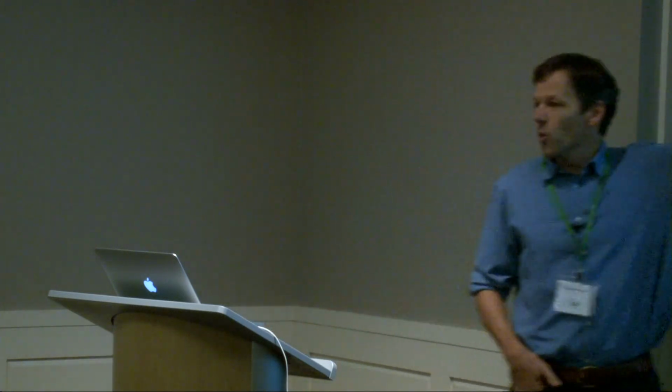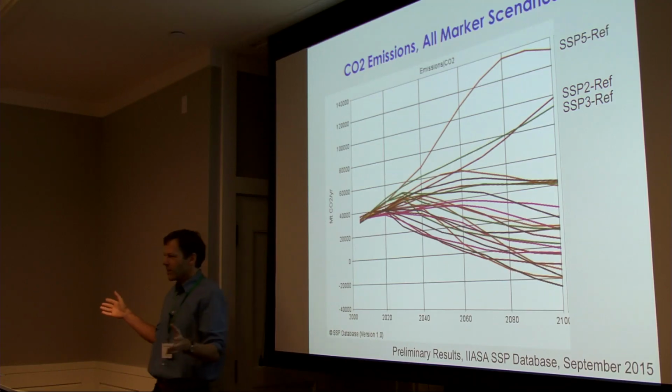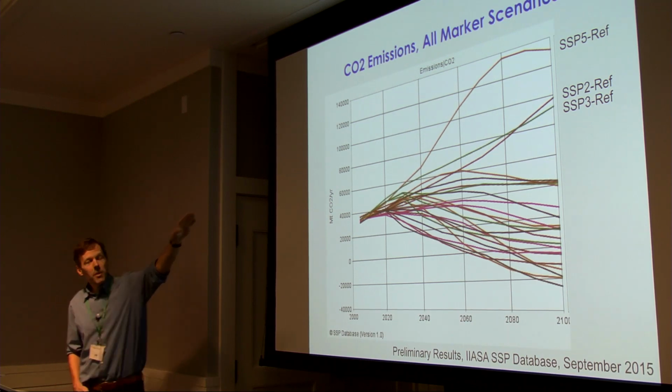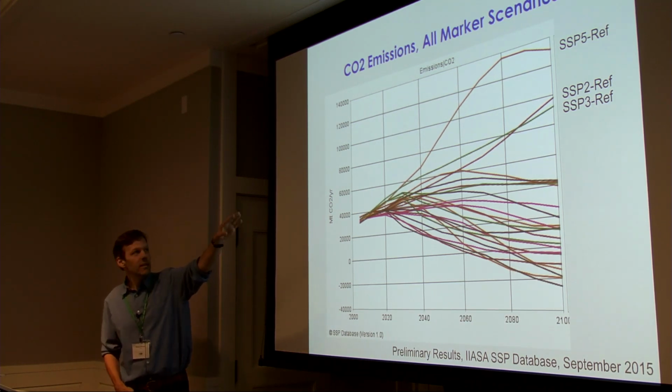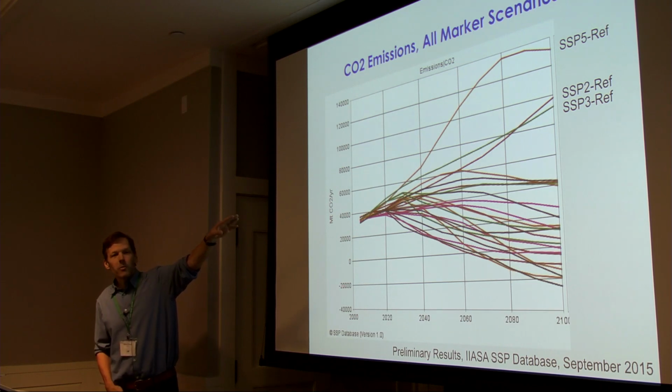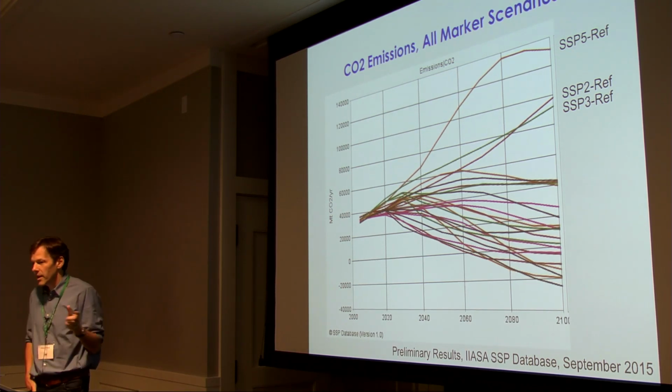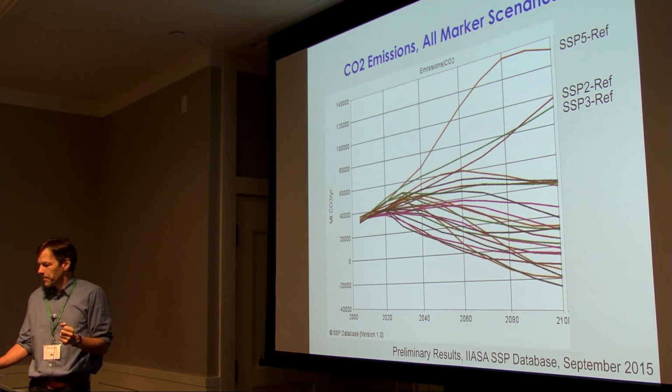But in principle, there's about 5 times more scenarios because all the models have done most of the scenarios. So SSP 5 reference scenario, that is a PIC result, the Remind Magpie result. But several other models have done that exact scenario as well.